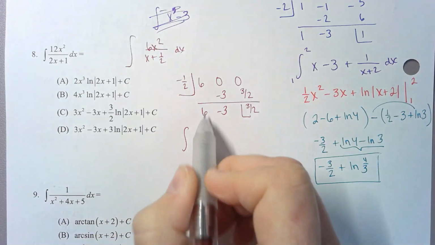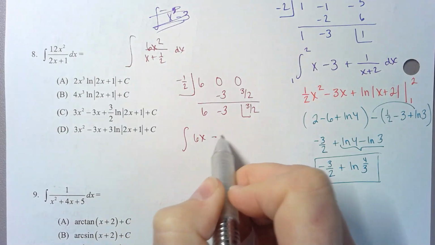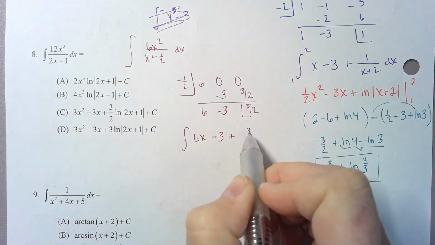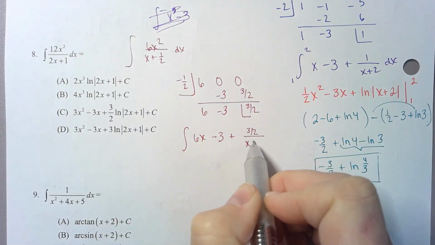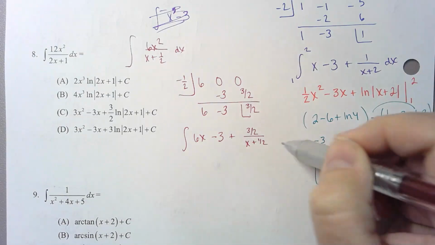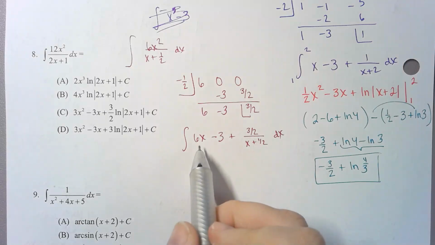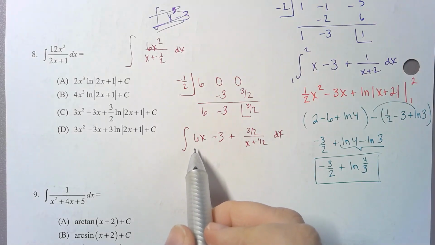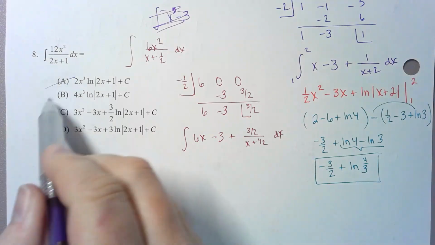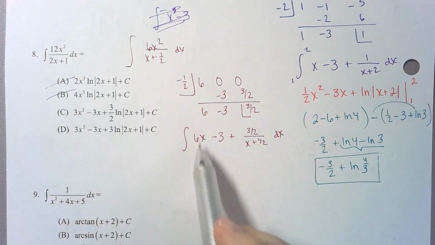So in my integral, I have a 6x minus 3 plus 3/2 over x plus 1/2. That's not the antiderivative, but at least I can now take a look and see it's going to have 3 terms.